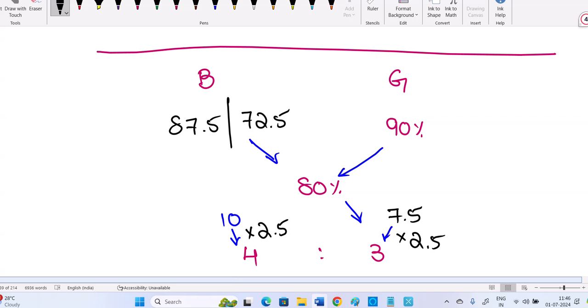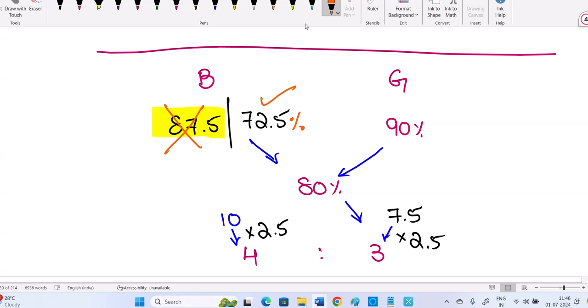Now can anyone tell me the logic? Why are we eliminating 87.5 here? Why are we going with only 72.5? Superb. The overall value must be between the extreme values.